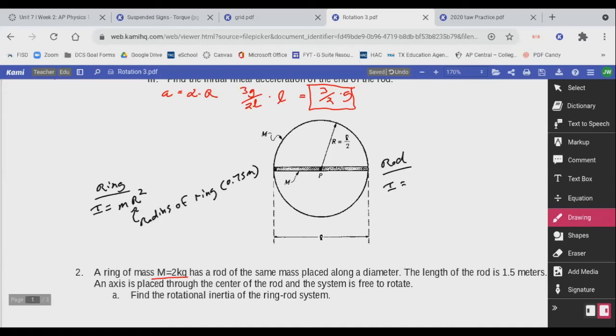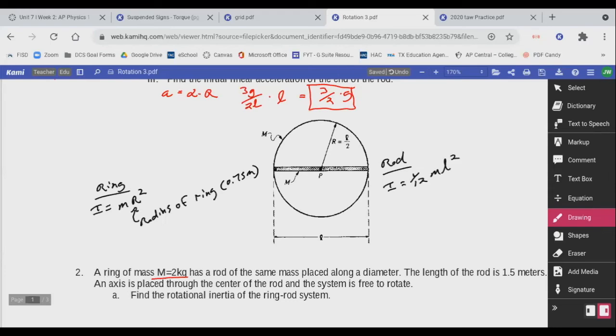No, that's from the end. This is from the center now. 1/12. Yeah, there we go. Someone said it in the chat first though. Actually, two people answered it in the chat. I should look up at that a little bit more often. 1/12 ML squared.